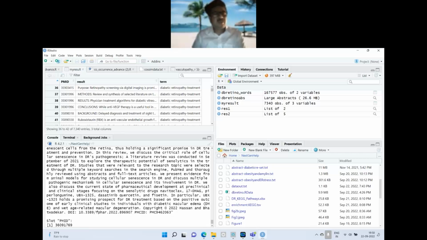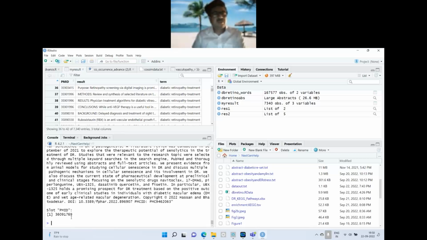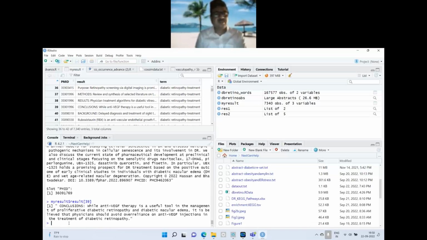And if you want to read it more comfortably, then you go to this, and probably it's the 39 number, I think. Yes. Now here you can read this same thing.